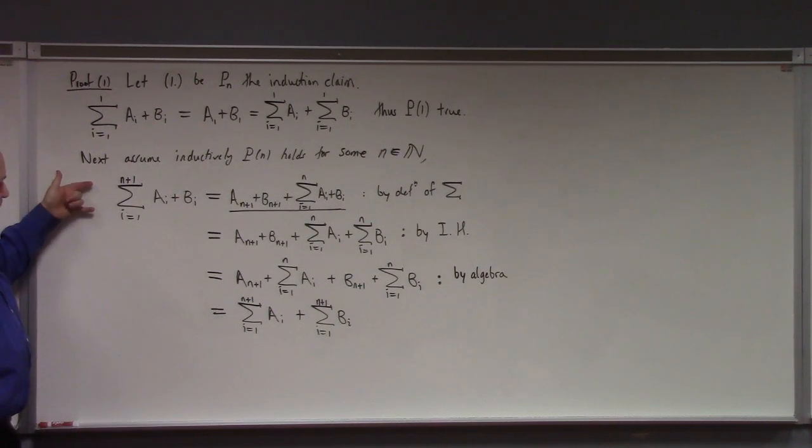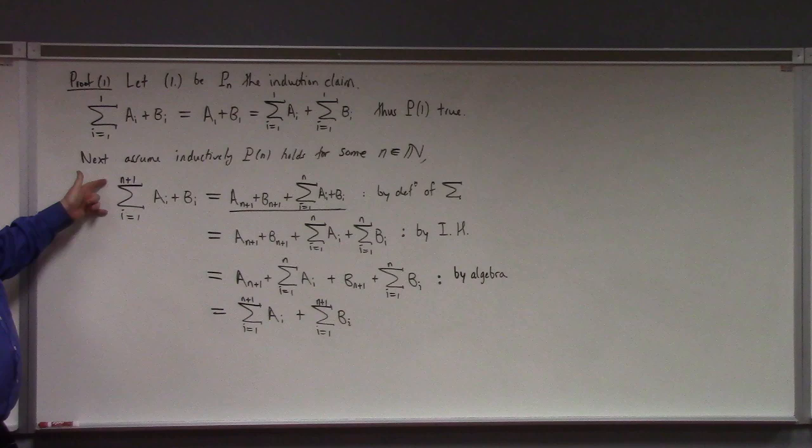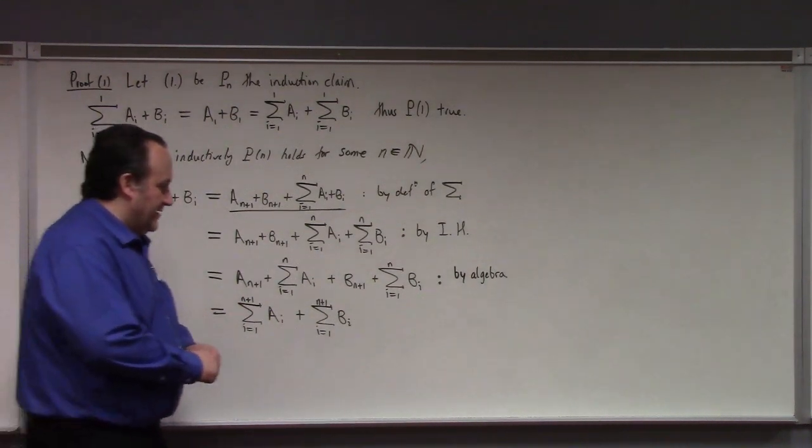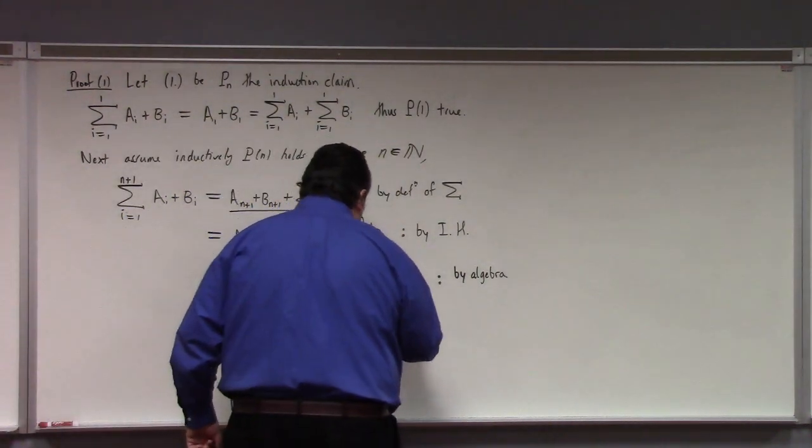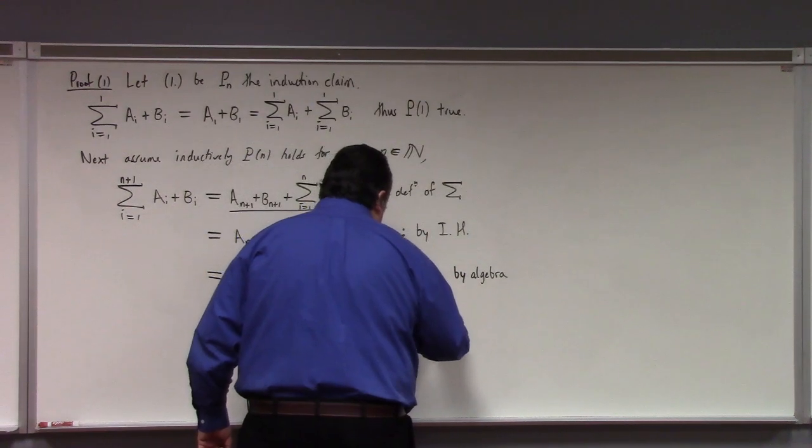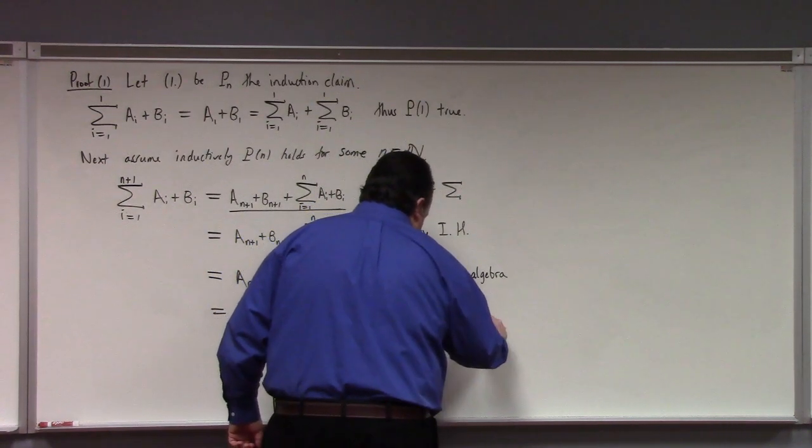Let's see here. So n plus 1, by algebra. And if you're already working hard, then you should despair. But I'm just kidding. No despair. But so what we have just shown is that this last step is what by what? Definition of the finite sum, right?